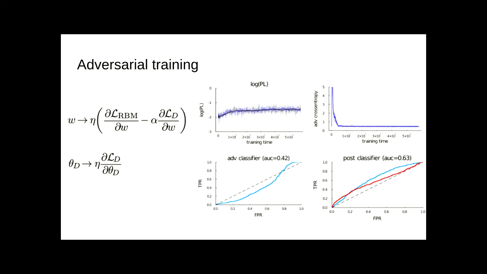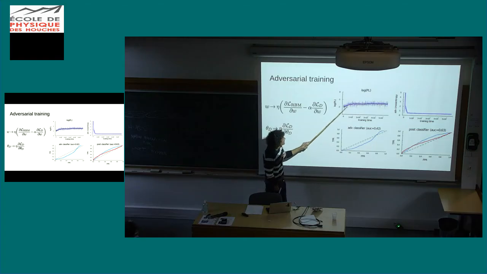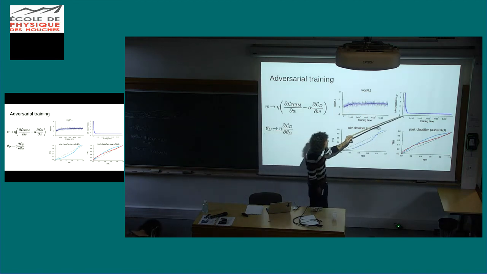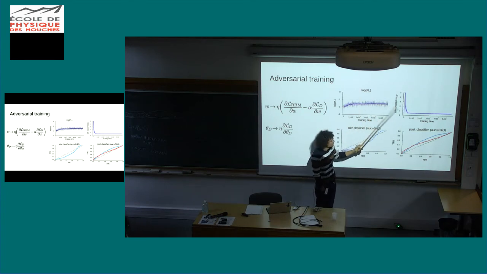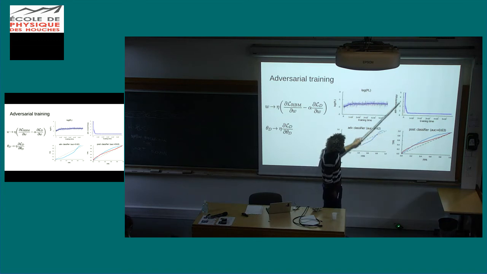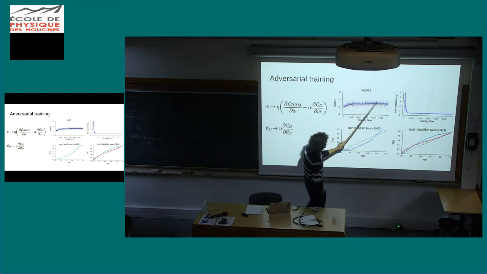So if we do that, we train simultaneously. We see that we improve the log likelihood, in this case the pseudo likelihood, which we use as an approximation for the RBM looking at the data, and at the same time we are penalizing the classifier. This will be the loss function for the classifier, the cross entropy. We are doing these two objectives at the same time, so this one should go down and this one should go up.